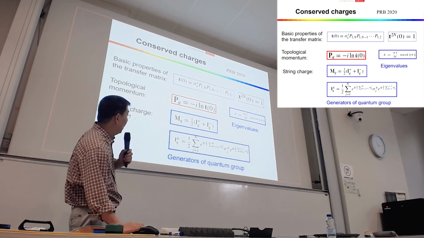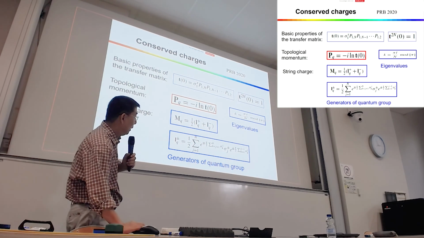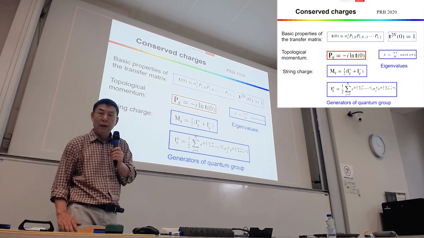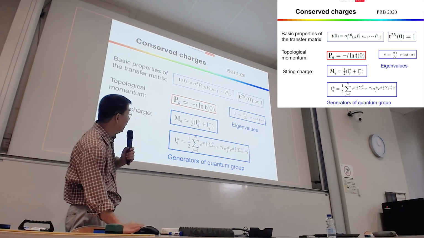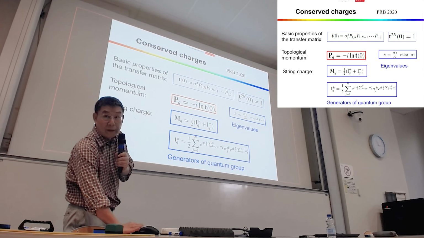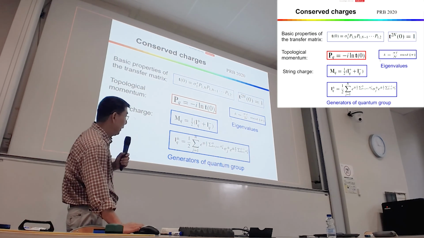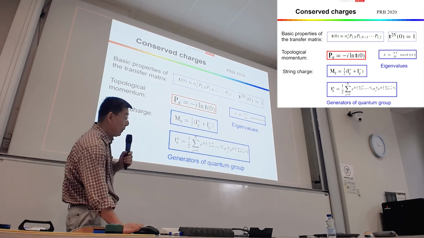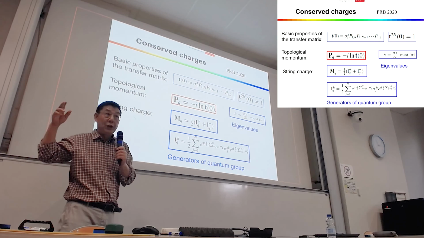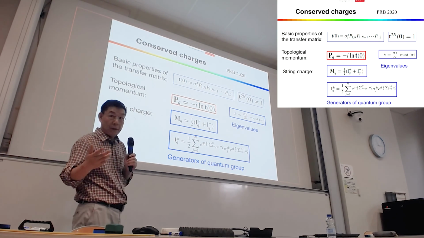The quantization of the K number is just when the number is half of that in the periodic case. So this is the spectrum, the eigenvalue of the momentum. So we get the topological momentum spectrum. Okay, there are also some other conserved charges, very special, just defined from the generator of the quantum group.